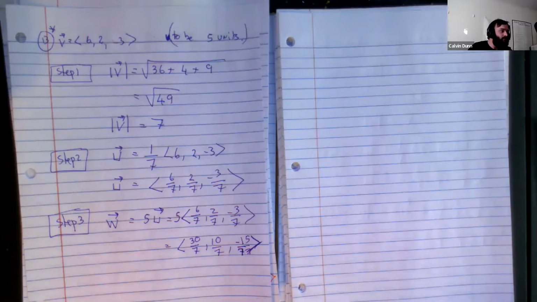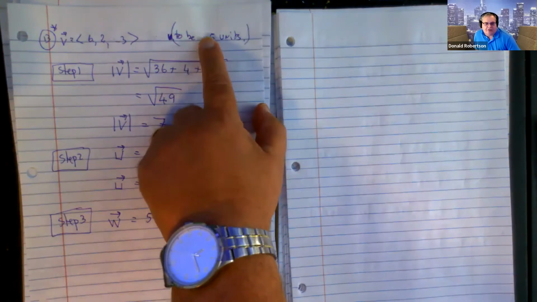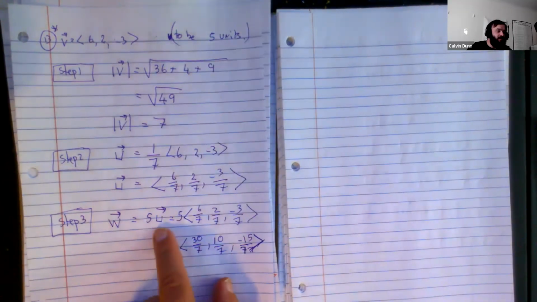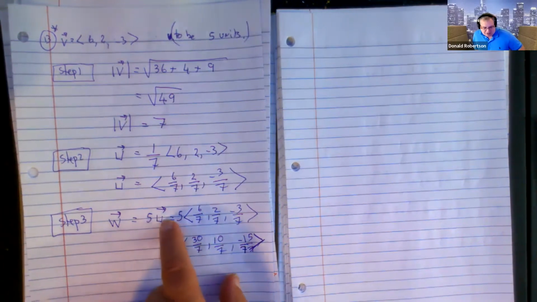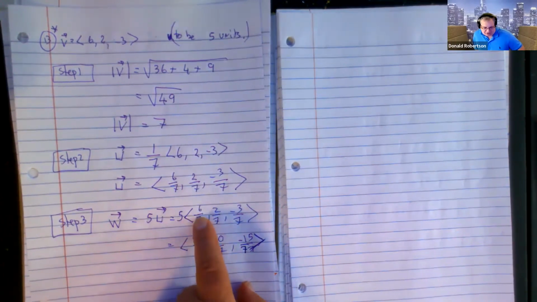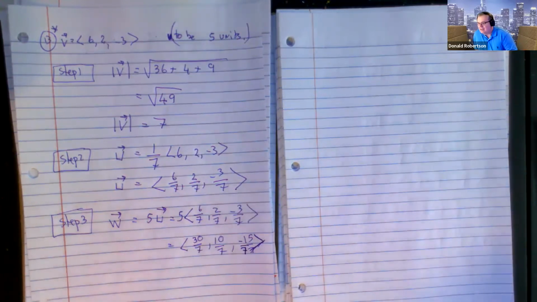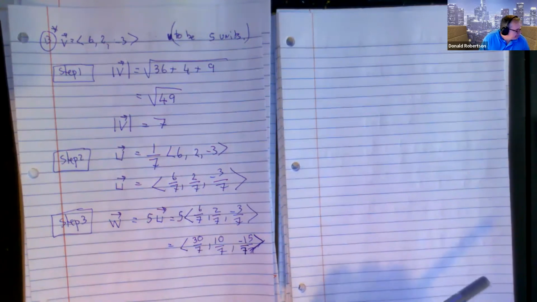I was just curious. They could make the magnitude vague. They wanted it to be A units long. Yeah, that's what I meant. Then you would just do A times U, and this would become 6/7 A, 2/7 A, -3/7 A. So even in that case, you could really still do something.